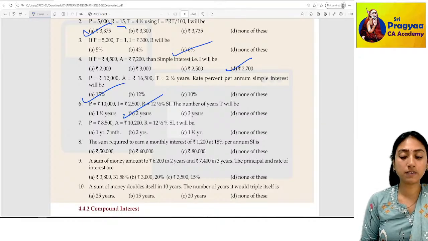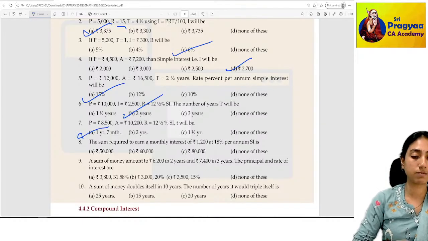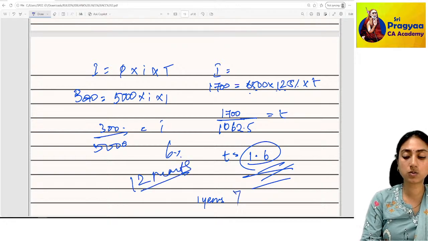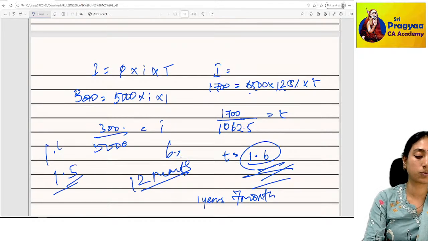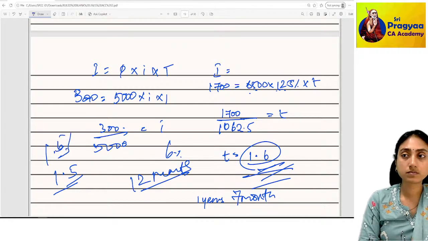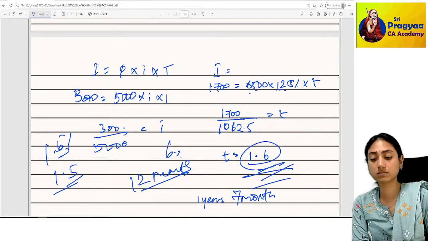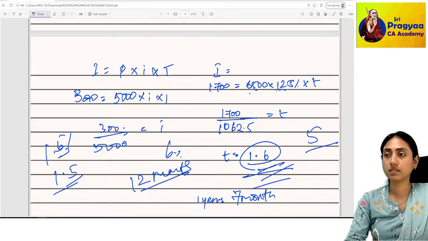No, it is not 1.5 years as well. I think the right option is 1.7 months because see, உங்களுக்கு 12 months தான கணக்கு. So this is the closest that you have. 1 year 7 months is the closest. 1.5ங்கும் போது 1 year வரும், 1.5 years வரும். 1.5 என்ன? 0.5 தானே?